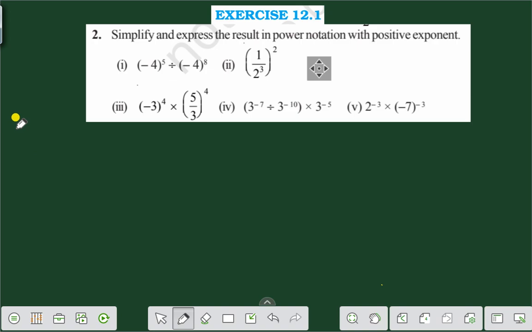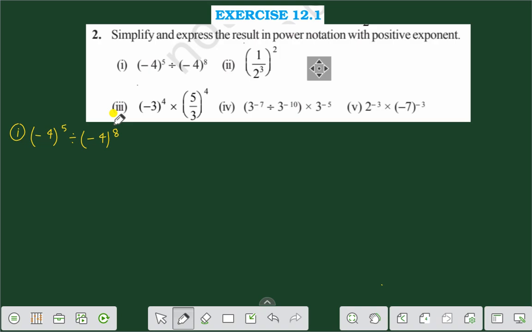Question number 1 is (-4)^5 divided by (-4)^8.